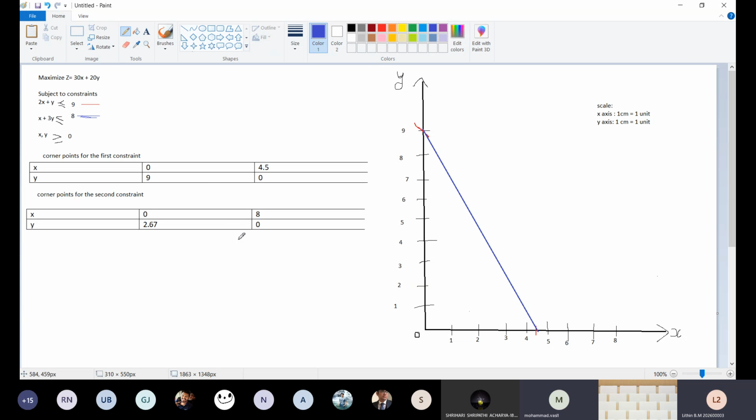So what is the value of x for the second constraint? 8. X is 8. Wait, give me some time. Please excuse me.